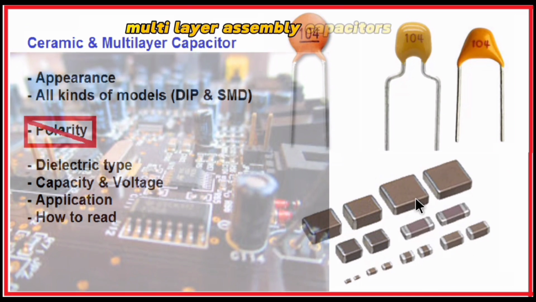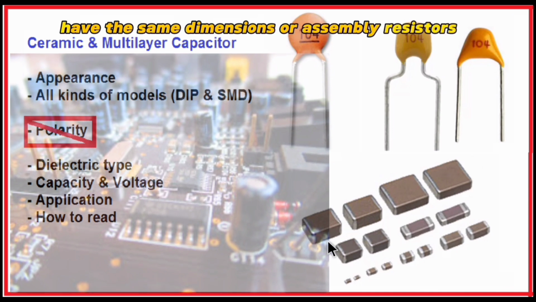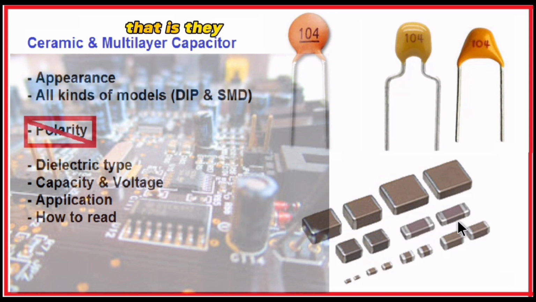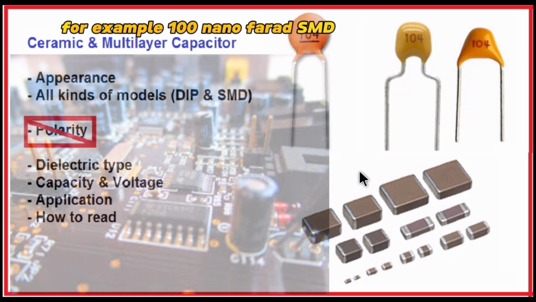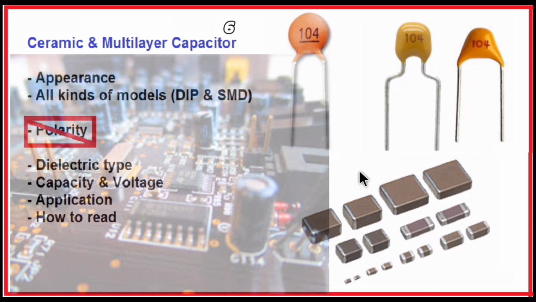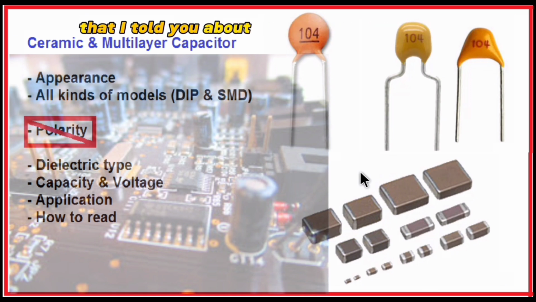Multilayer SMD capacitors have the same dimensions as SMD resistors. That is, they have standard sizes and are based on the same sizes. For example, a 100 nanofarad SMD capacitor 1206 is determined based on the same standard that I told you about in the resistor section.